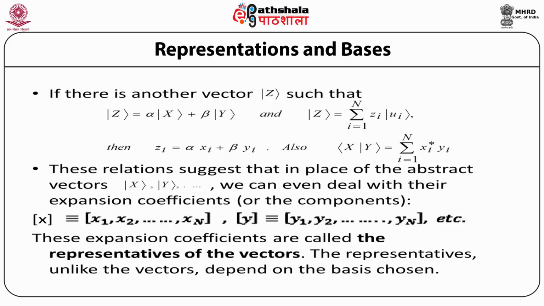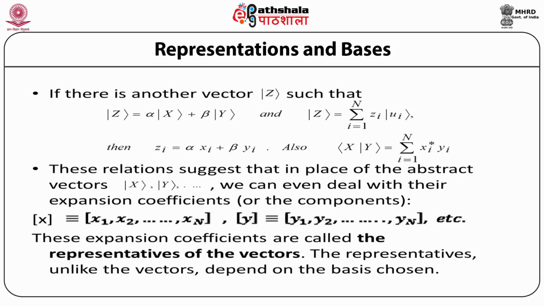Also, the bra vector x with ket vector y, the inner product, is given as the summation over i going from 1 to n of xi star times yi, where xi star is the complex conjugate of the coefficient xi.